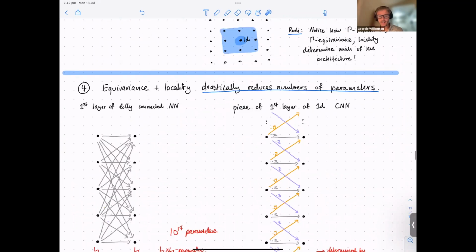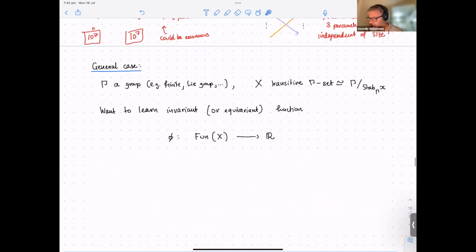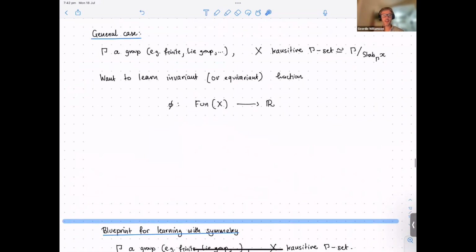Okay, so now I just want to present the general blueprint. This might seem very dry, but it's incredibly powerful, and I hope to give an example of why it's powerful at the very end. I also think that in some sense, its power has not yet been really appreciated, and there are many interesting examples still to be done.